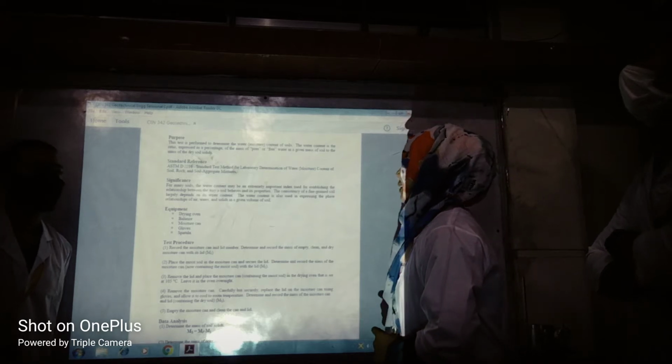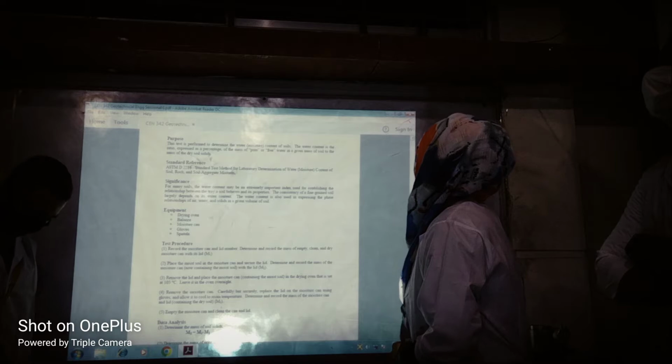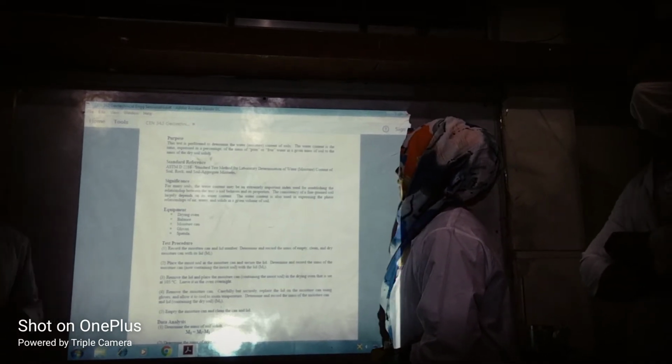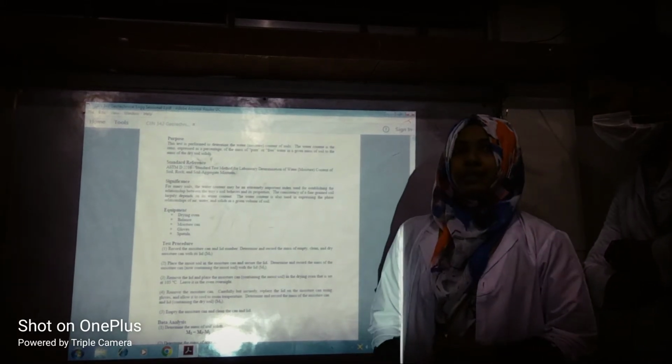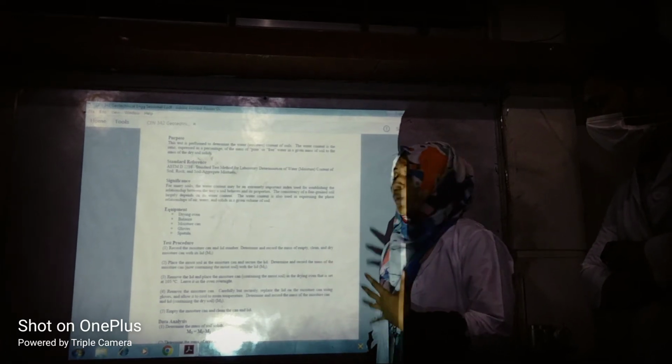For many soils, the water content may be an extremely important index used to establish the relationship between how a soil behaves and its properties. It is really important to know soil behavior because we have different types of soil.